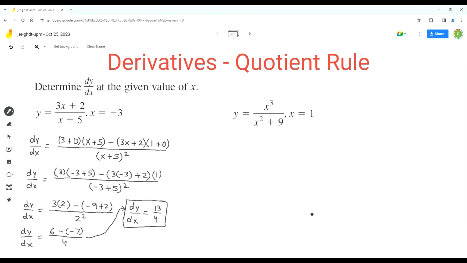Now we can find the derivative of this second function, which is also a rational function. So we'll have to use the quotient rule.